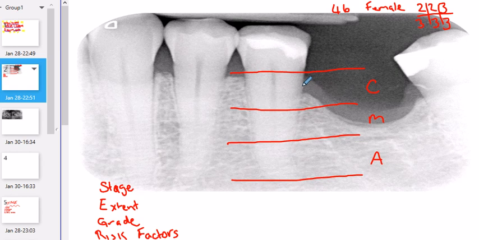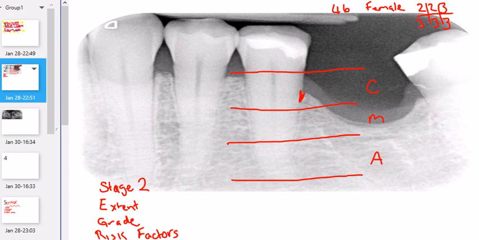I can see that this bone level is affected down to here, which means it's in the coronal third, which means it is at stage 2, which is equivalent to moderate. So it's stage 2, moderate.